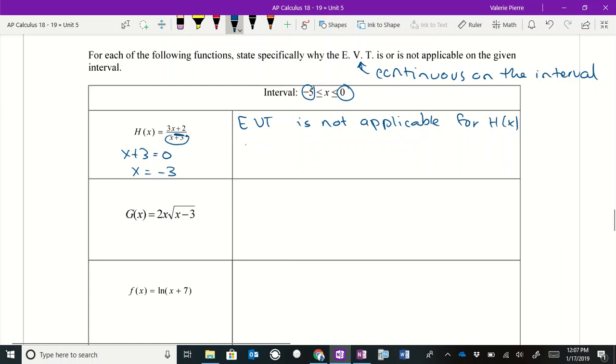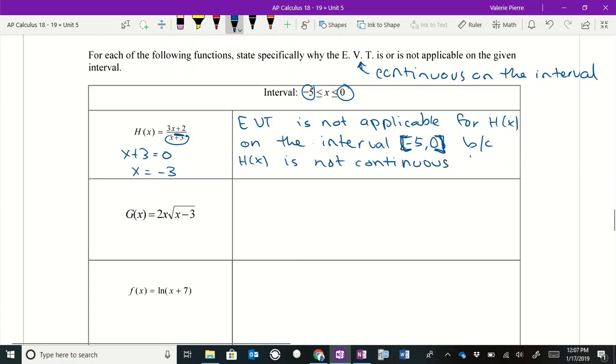For h of x on the interval -5 to 0, because h of x is not continuous at x equals -3, which is on the closed interval from -5 to 0.